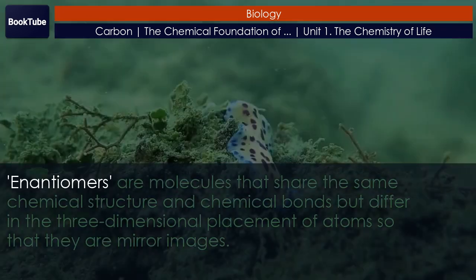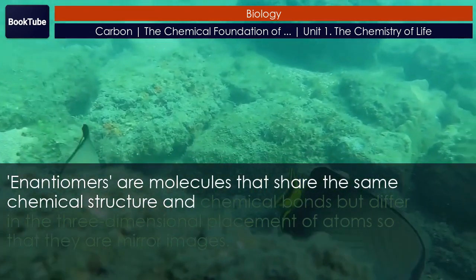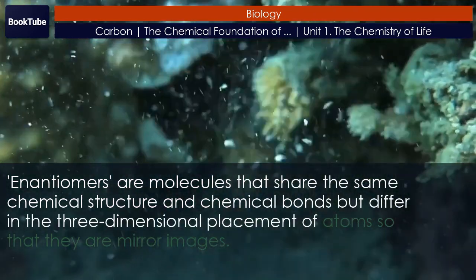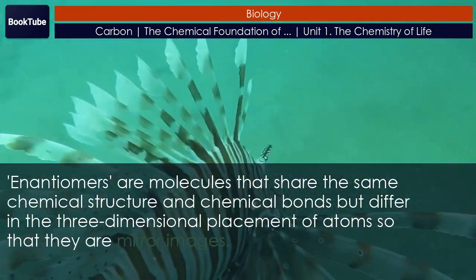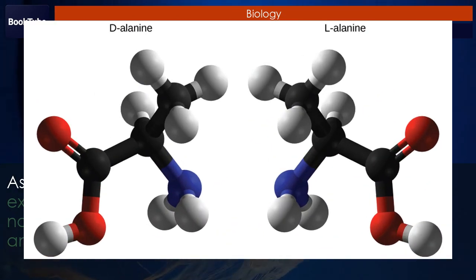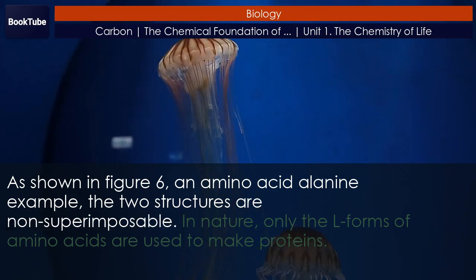Enantiomers. Enantiomers are molecules that share the same chemical structure and chemical bonds but differ in the three-dimensional placement of atoms so that they are mirror images. As shown in Figure 6, an amino acid alanine example, the two structures are non-superimposable.